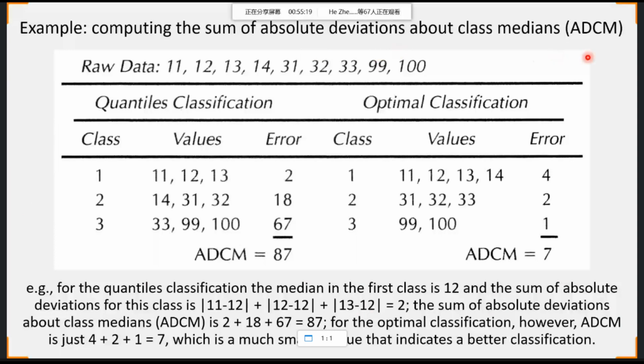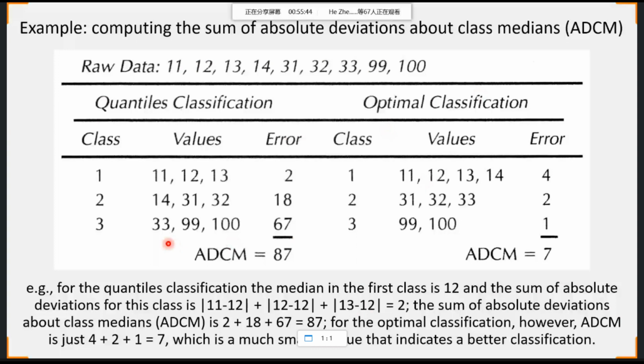So how we get ADCM. In this example, we have this raw data. It's just a smaller set, so it's easier to compute. And we have here a comparison between quantiles classification and the optimal classification.